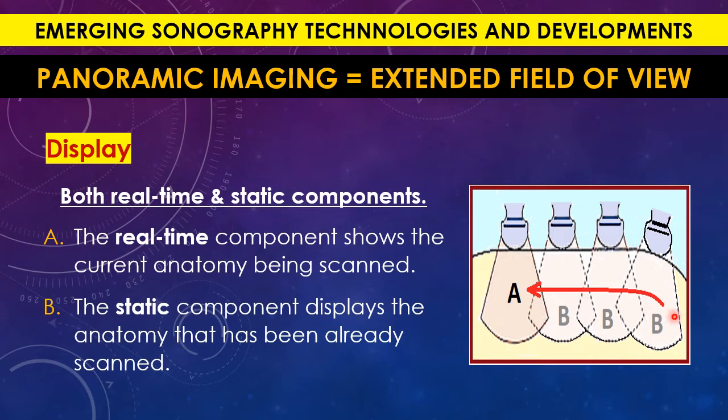These are the static component, or the history of this movement. So as if the probe here is moving or sliding along this direction, the last one is the real-time image, and the previous ones are the static images that are being saved in succession so that they continue as one strip or a long scan.